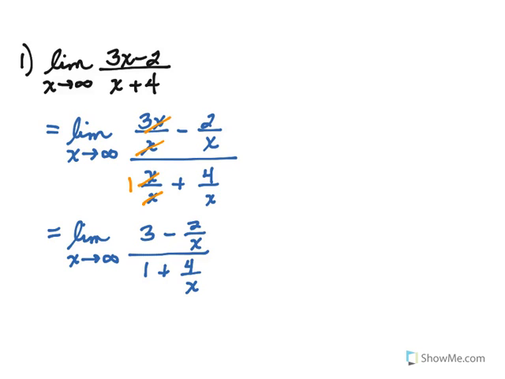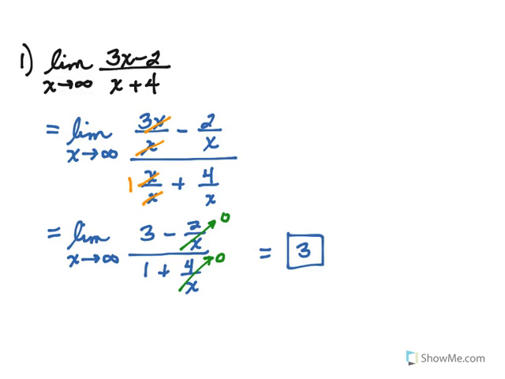And it's essentially getting closer and closer to 0. So what we say is that zeroes out as x is going to get infinitely larger. And notice the same is going to happen in the denominator with 4 over x. So notice what you're left with is simply 3. 3 over 1, and that's your answer.